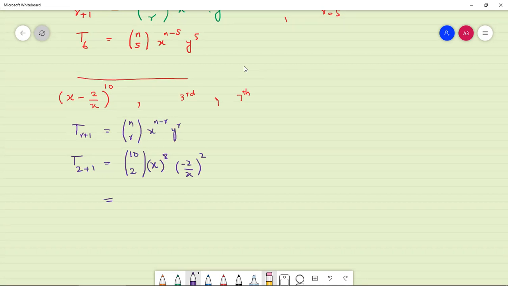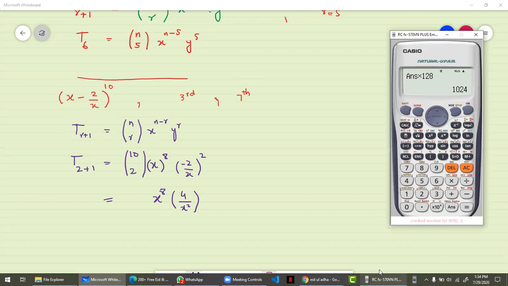So 10C2 calculated using a calculator, x power 8, while minus 2 square would become 4, while this x square.